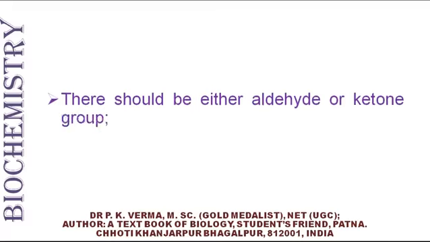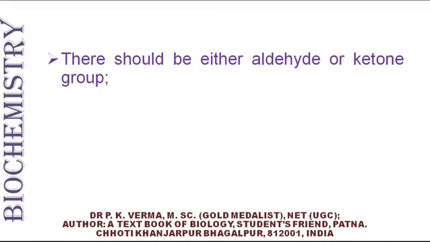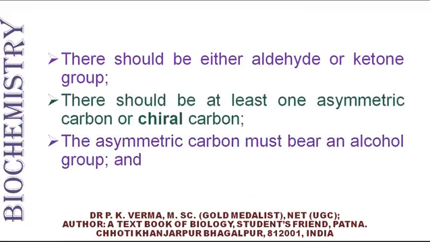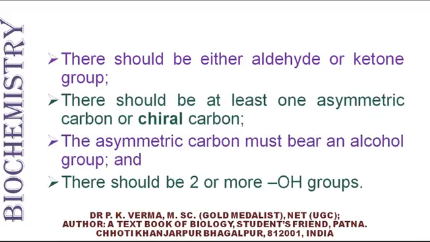So the properties are, these are either aldehyde or ketones. There should be at least one asymmetrical carbon or chiral carbon. The third property is the asymmetrical carbon must bear an alcohol group, and the fourth one is there should be two or more alcohol groups.